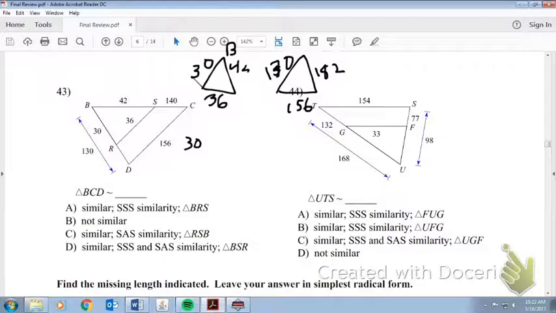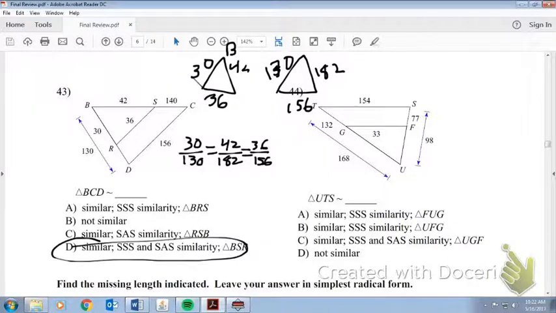So what we're going to do is set up short to short, medium to medium, long to long. Are all three sides locked in there? We plug those into a calculator, and they all equal each other. So we get D.